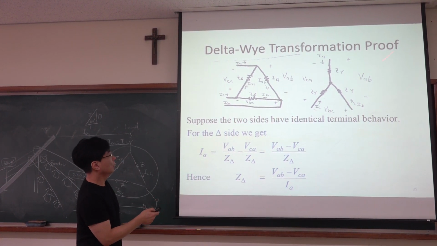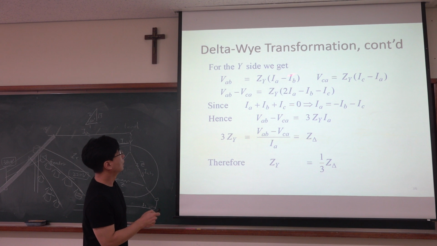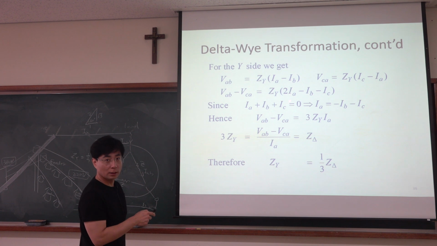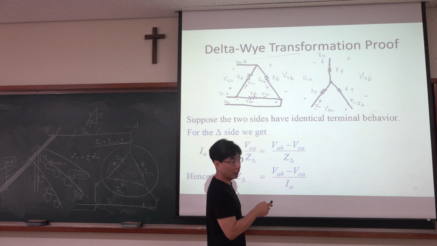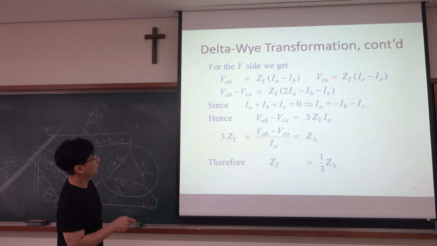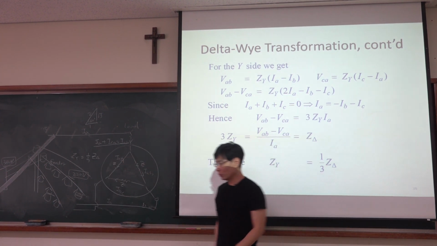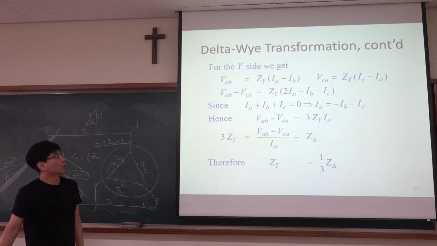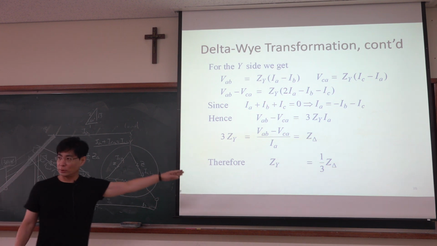So VAB is VAN minus VBN. This one is VAN, this is VBN. Similarly for VCA, you have that. So this minus that is that. I don't want to go into the details. You can just read this. So this is the result.